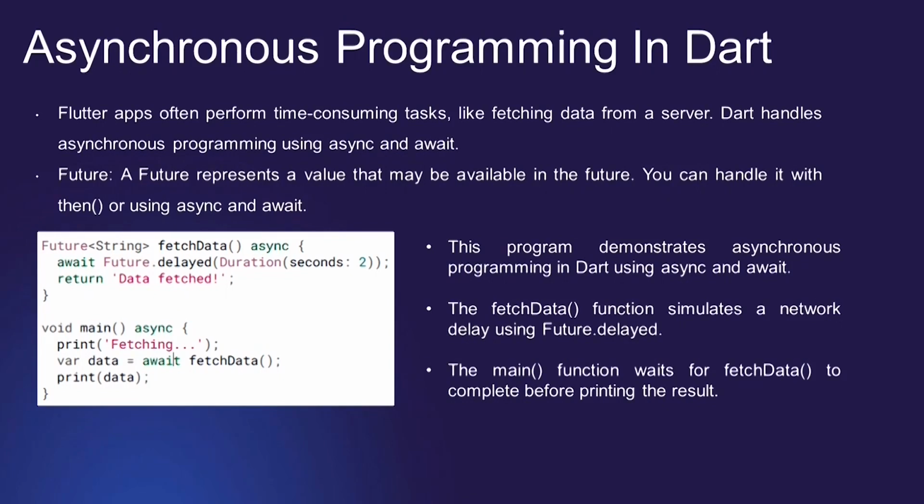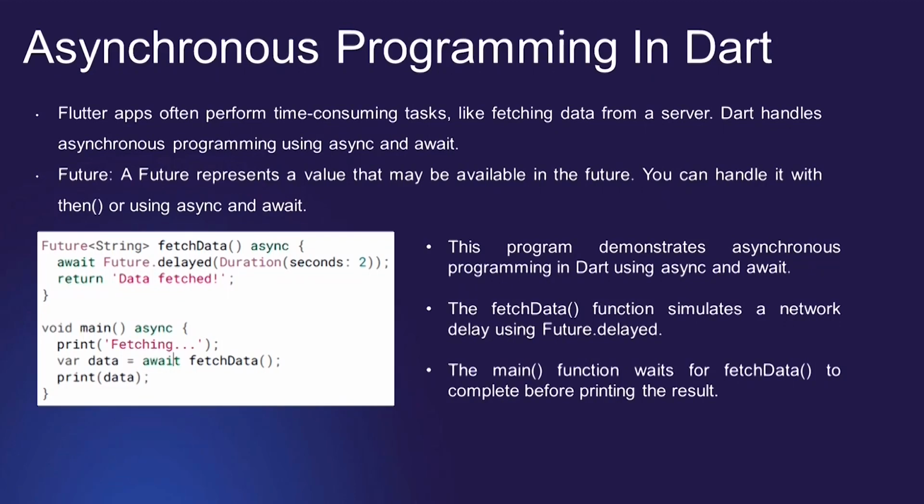Here this pause represents any processing delay which may happen due to the code written inside fetchData. So, after the pause of 2 seconds, the execution finishes and it returns data fetched. So, when I print data, it actually displays data fetched.